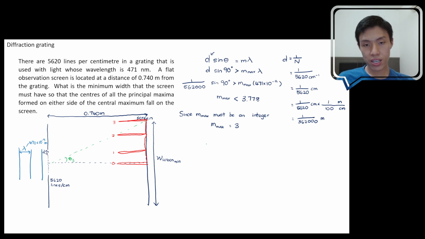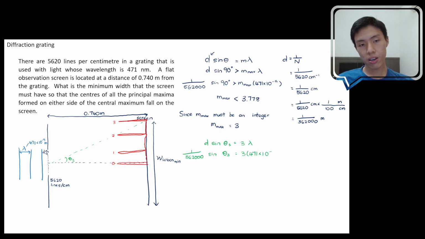We can see that d sine theta 3 is equal to 3 lambda. We find theta 3 right now. So it's still the same d, so this is 562,000 sine theta 3 is equal to 3 times lambda. So lambda is 471 times 10 to the power negative 9.